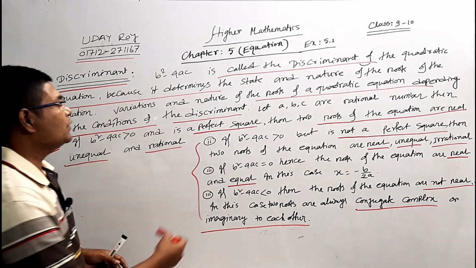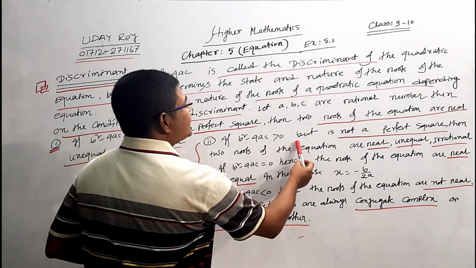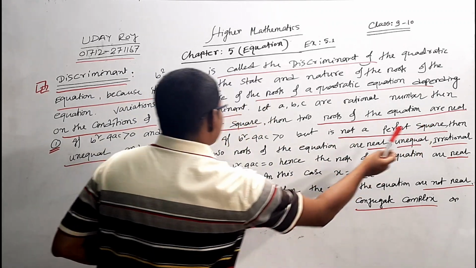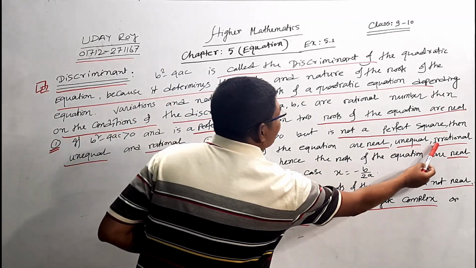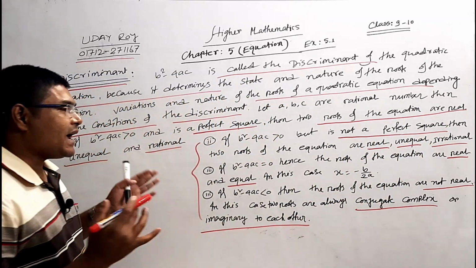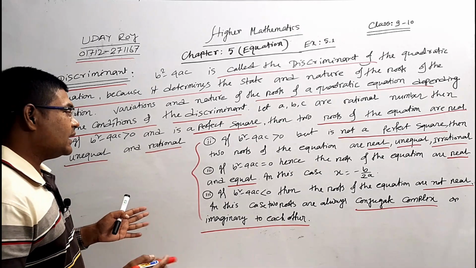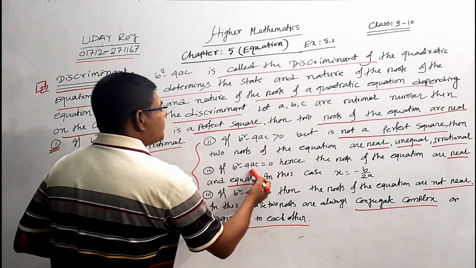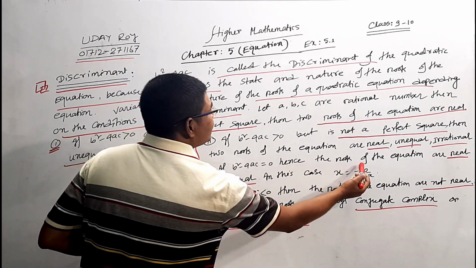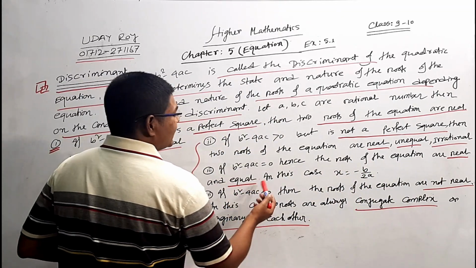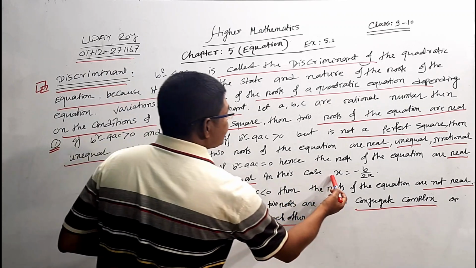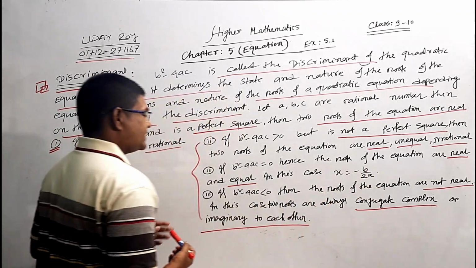In condition 2, if b square minus 4ac is greater than 0 but not a perfect square, then the two roots of the equation will be real, unequal and irrational. Another rule: if b square minus 4ac equal to 0, the roots of the equation are real and equal. In this case we will get x equal to minus b by twice a.